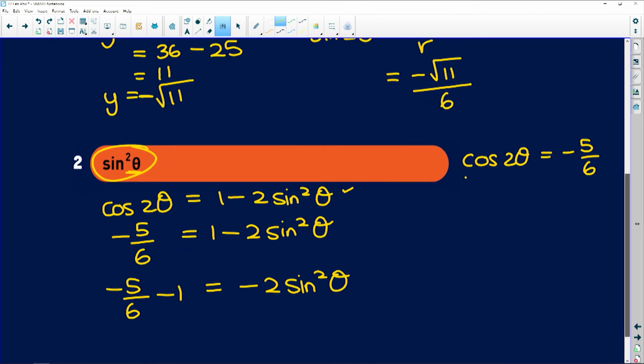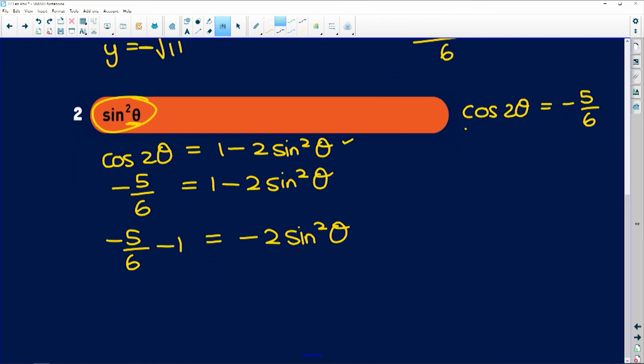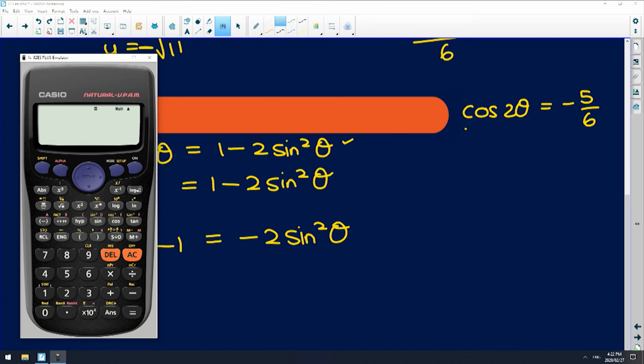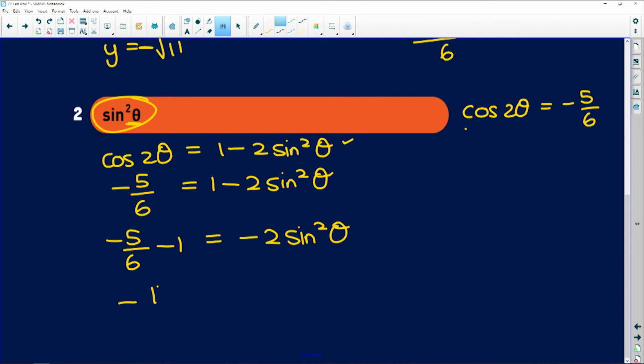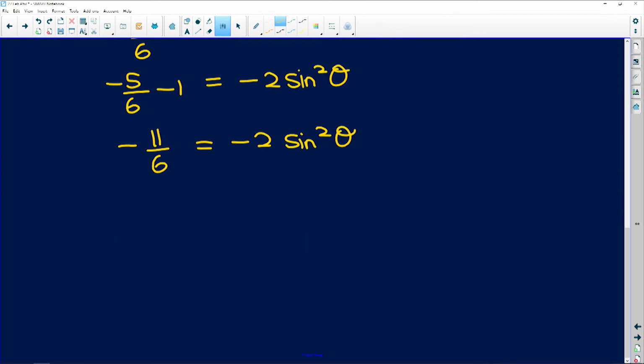Okay, so if we keep going, guys, if you feel uncomfortable dealing with your fractions, this is where you can use a calculator. Just make sure you input it the way you have written it out perfectly. So negative 11 over 6 is equal to negative 2 sine squared theta. Now just to isolate that sine squared theta, which is what we're trying to solve for, we divide both sides by negative 2.